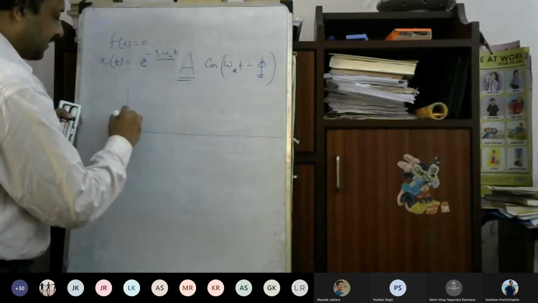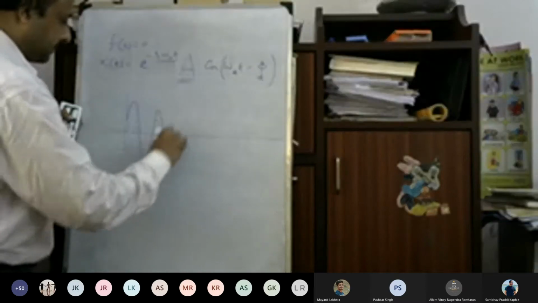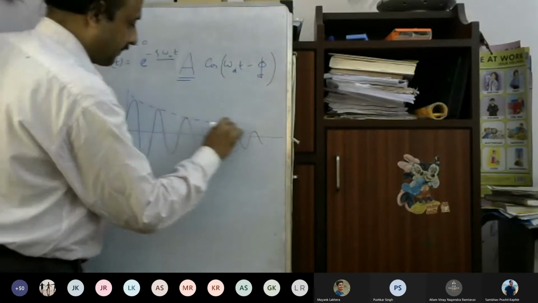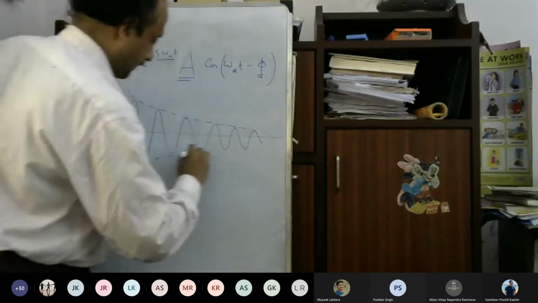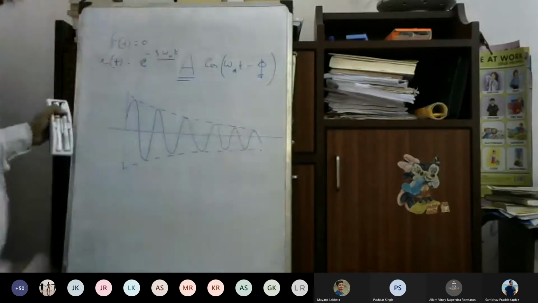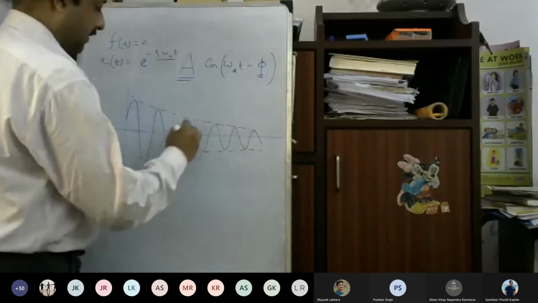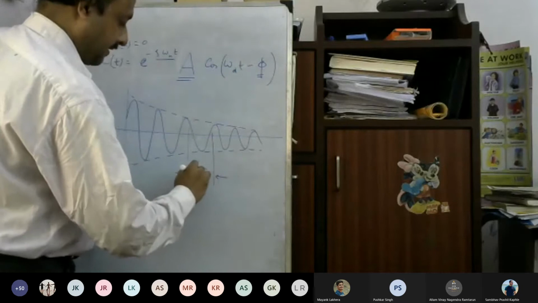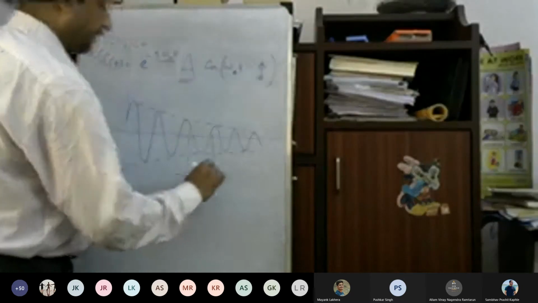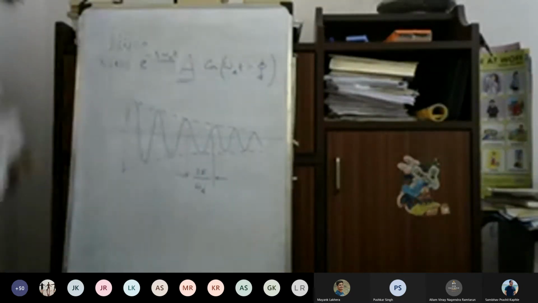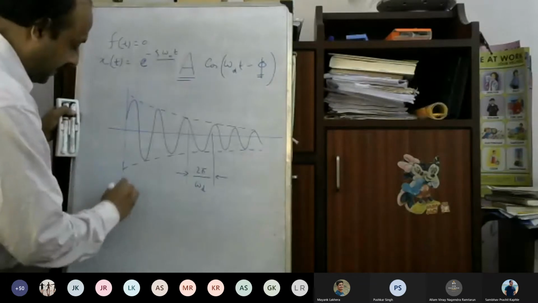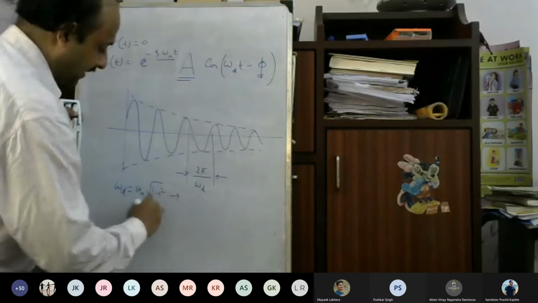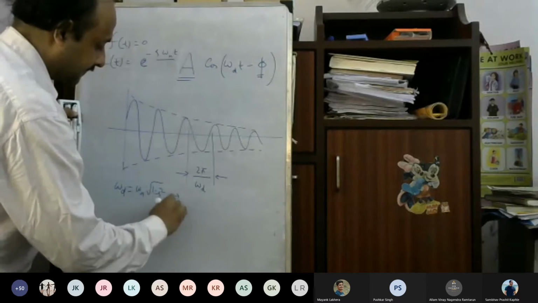The initial condition will be there, and this is the envelope, with period 2 pi by omega d. This omega d will be omega n times square root of 1 minus zeta square. This is called the damped natural frequency.